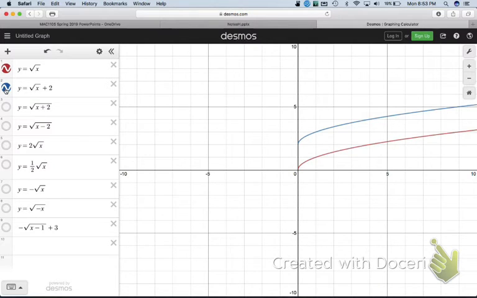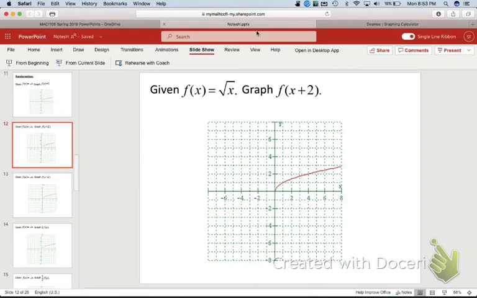Okay. Now, if we peek back at our next example, we are looking at graphing f of the quantity x plus 2 in parentheses there. So, still sticking with that same parent function, f of x equals the square root of x.